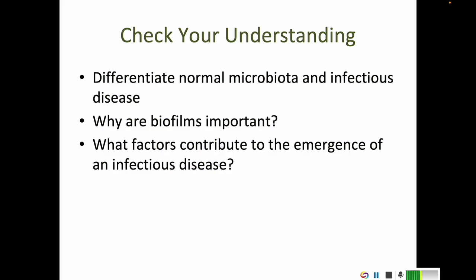Okay, so at this point, from your previous lectures, you should be able to remember something about biofilms. What are biofilms doing? Why are they important? We were just talking about infectious disease. Compare that to earlier lectures about your normal microbiota. Can you differentiate between normal microbiome and infectious disease? Can you tell me about some factors that contribute to why infectious diseases are emerging?